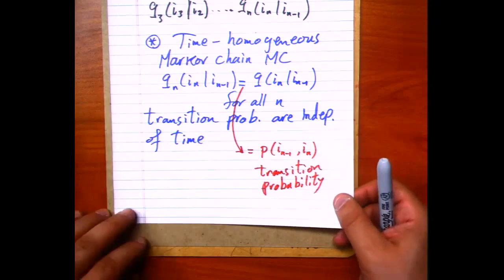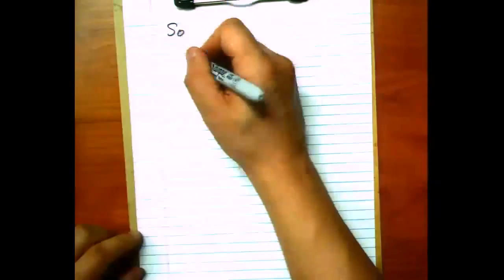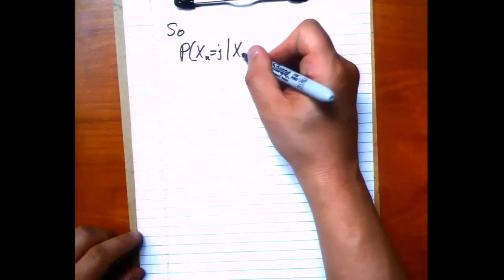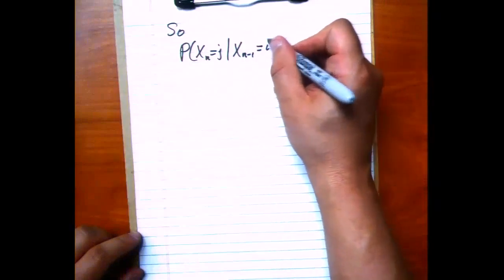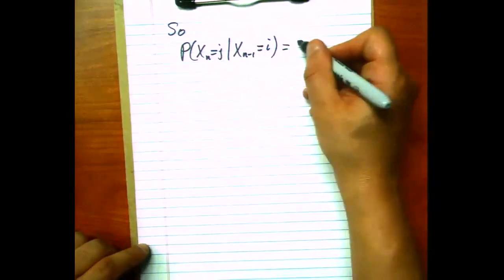So let's recap a little bit of this part and put it in matrix form. The probability that X_n equals j, given that at time n minus 1 it was equal to i, or the transition probability from i to j, is going to be denoted by P_{ij}.